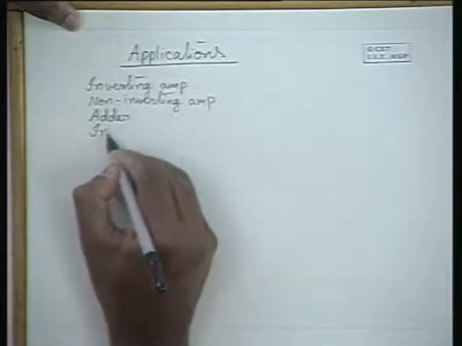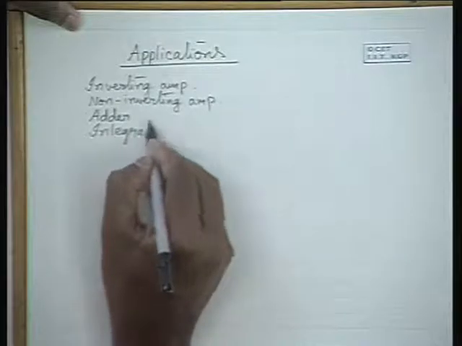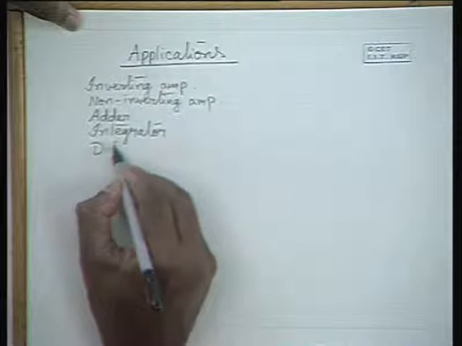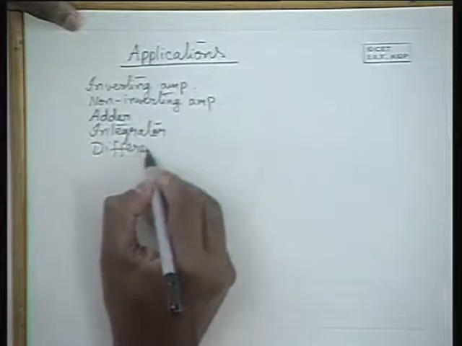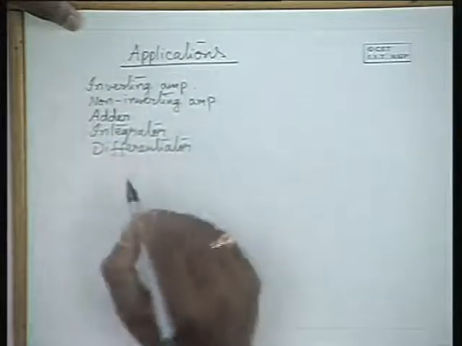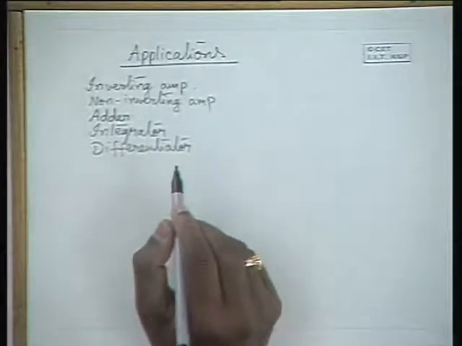Then it can be used to integrate voltage waveforms, and similarly it can be used to differentiate voltage waveforms. So these are the applications of an operational amplifier.